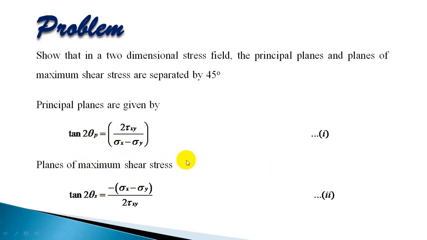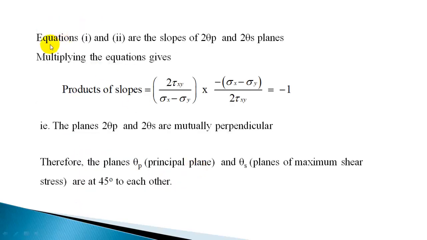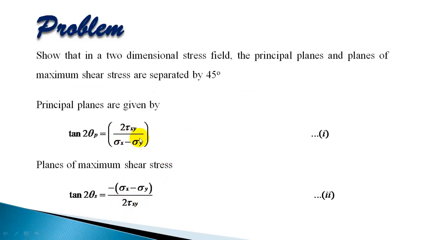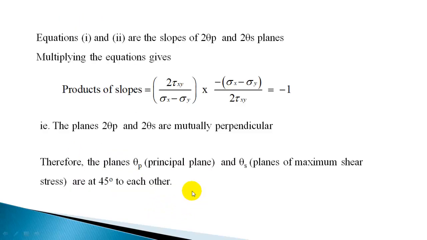So the product of the slopes of these two angles you can calculate, that is tan 2 theta p into tan 2 theta s. Tan 2 theta p is 2 tau xy divided by sigma x minus sigma y, and tan 2 theta s is minus sigma x minus sigma y divided by 2 tau xy. This is the reciprocal of the other with a minus sign, and they represent the slopes. The product of slopes you will get is -1. Sigma x minus sigma y cancels, 2 tau xy cancels, you get -1.